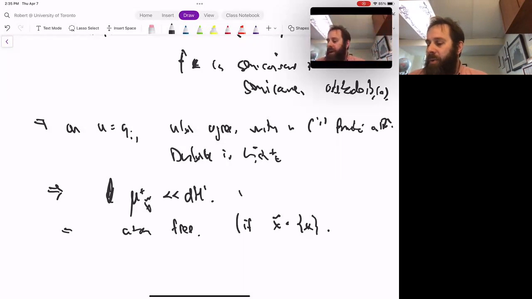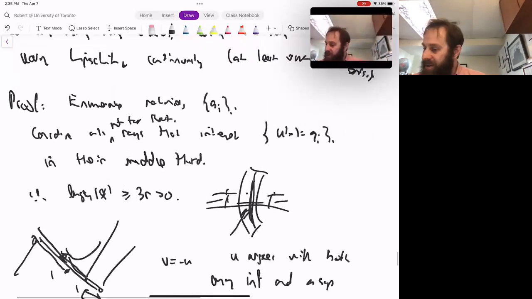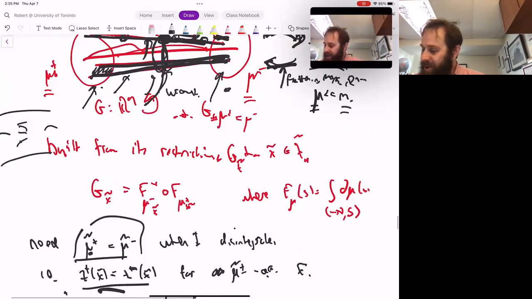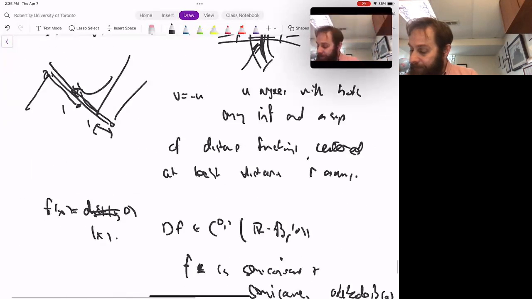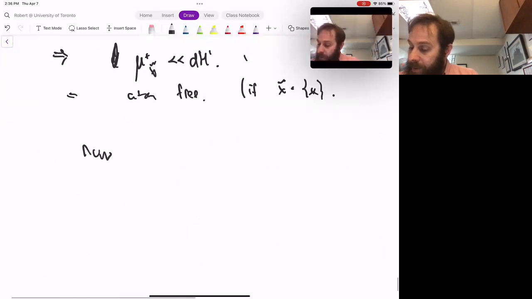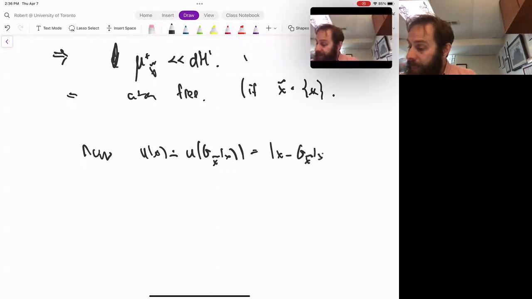Or to say it another way, you do the construction that I described along rays, and you patch them all together, and you check that the map that you get has the property that u of x minus u of g_x tilde of x is equal to the distance between x and g_x tilde of x, for, I guess, mu plus x tilde almost every x.